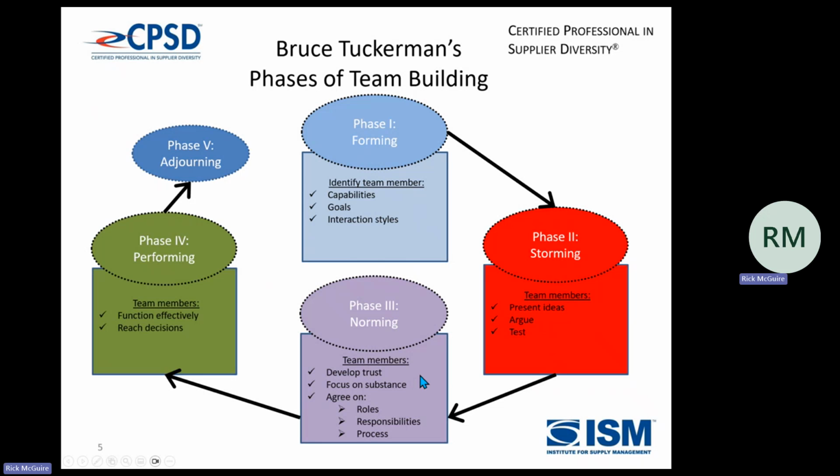Then you've got phase 3, which is called the norming phase. Team members develop trust, focus on substance, agree on roles, responsibilities, and processes. Then you move to the performing phase. This is where the team's actually functioning efficiently. And then phase 5 is adjourning. So that's Bruce Tuckman.